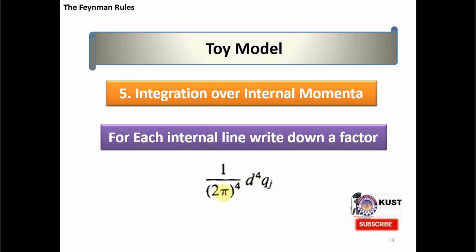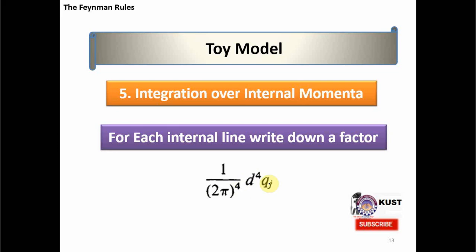You would have seen this also in the Fermi golden rule. This is the volume element, and this is just the normalization, a convenient factor, but d^4q is the volume element. So in order to make an integration, we have to write down this element.